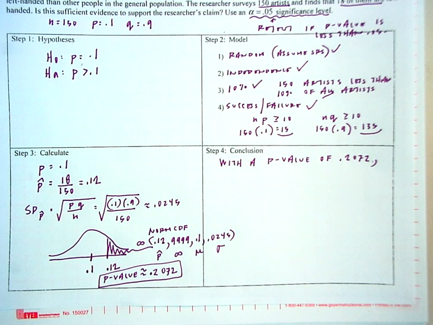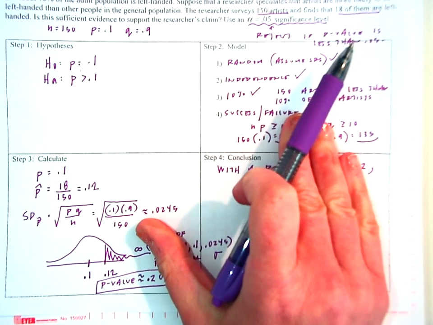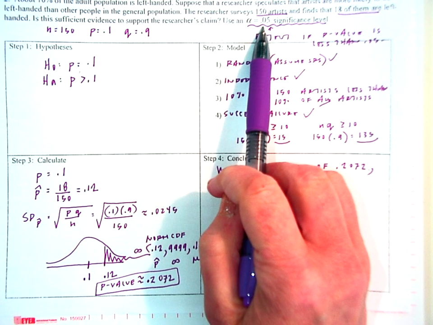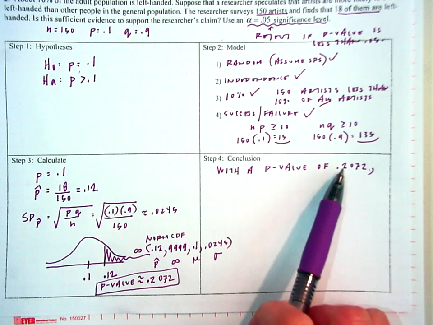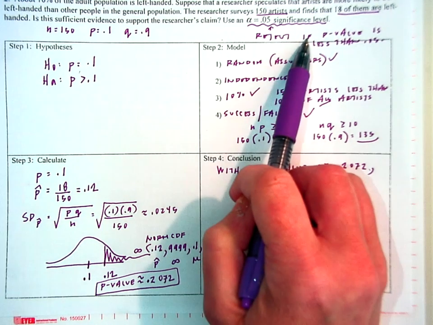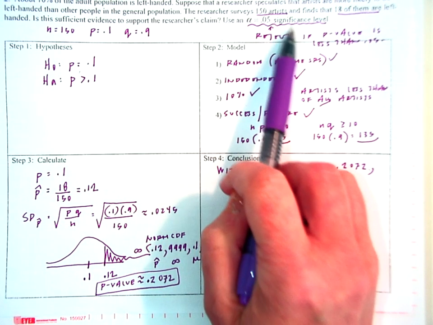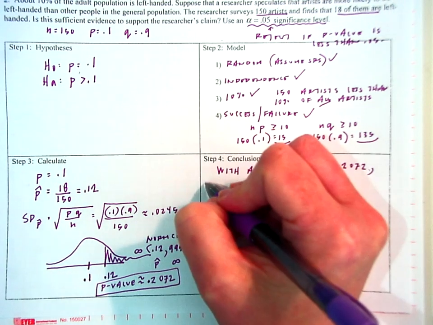Is it unusual enough? And right now, it is not. That's not very unusual. The level that we set was at 5%, right, or 0.05. And we're seeing something that is above that, right? So not super unusual. So with this p-value, right, it's not lower than that threshold that we set up here. So we are going to fail to reject the null hypothesis.